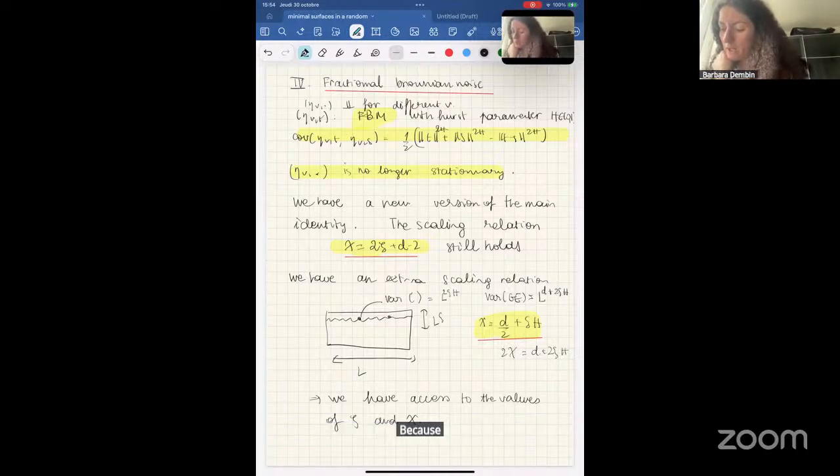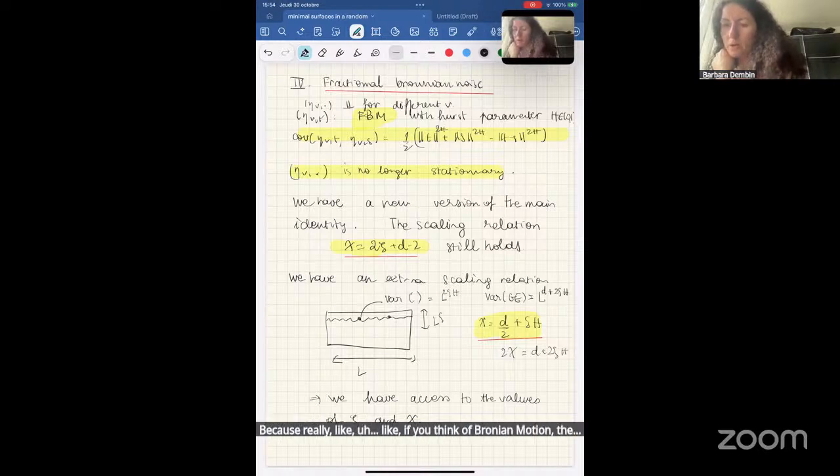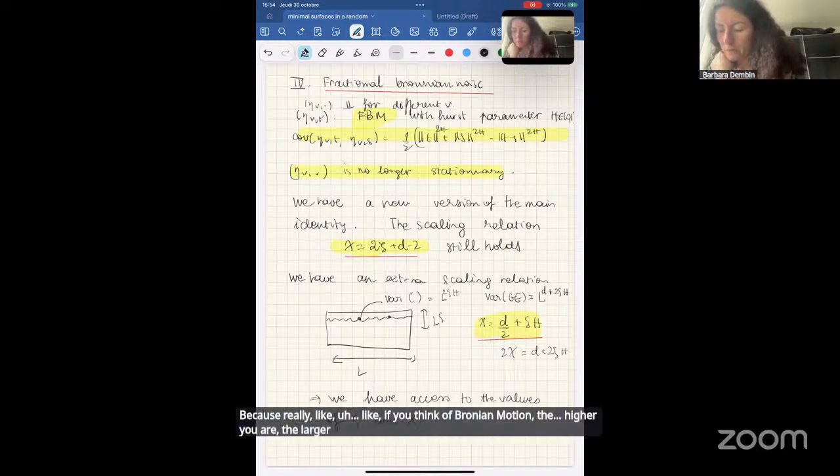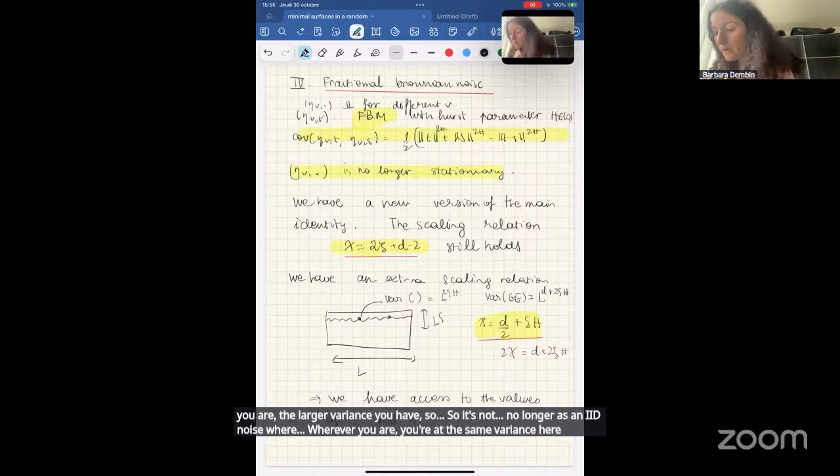Because if you think of Brownian motion, the higher you are, the larger variance you have. So it's no longer like an IID noise where wherever you are, you have the same variance. Here, the higher you are, the higher is your variance.